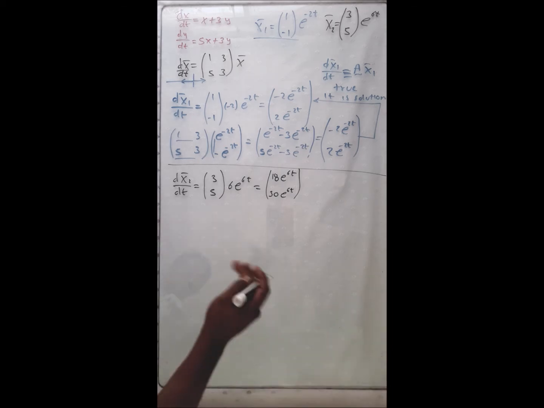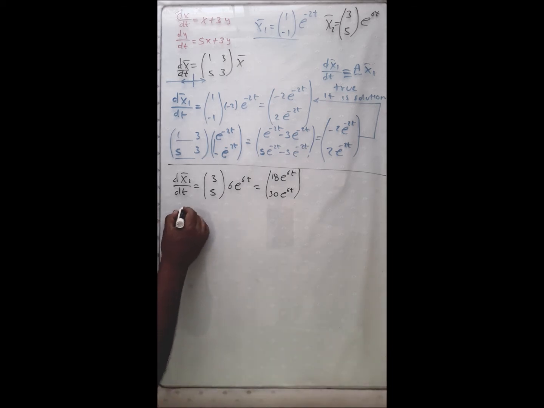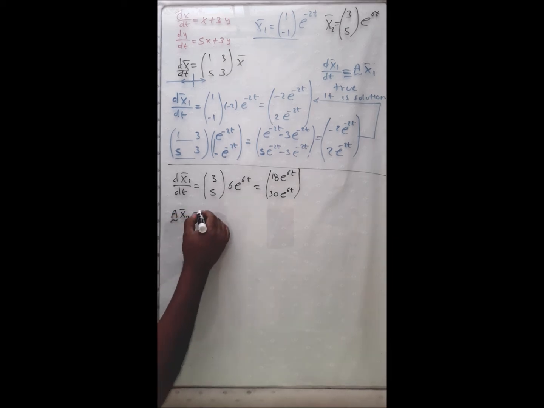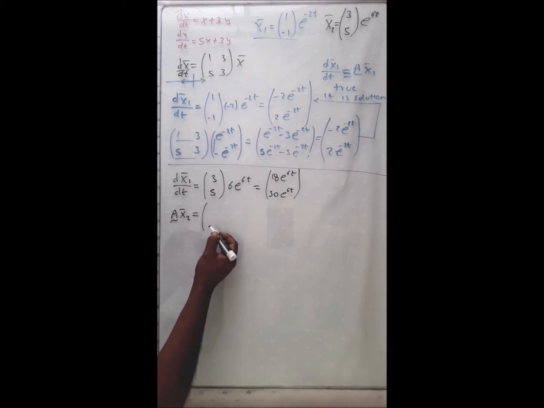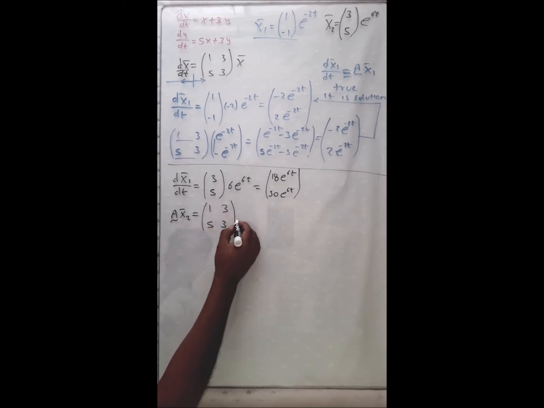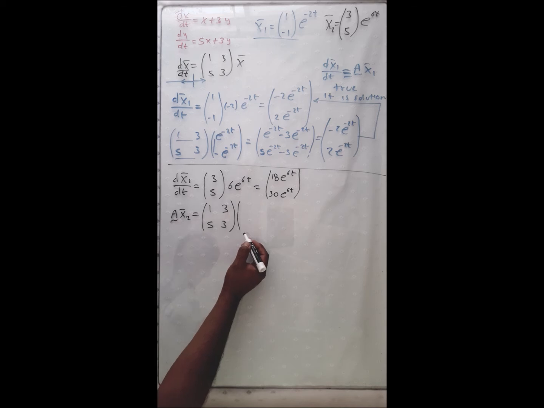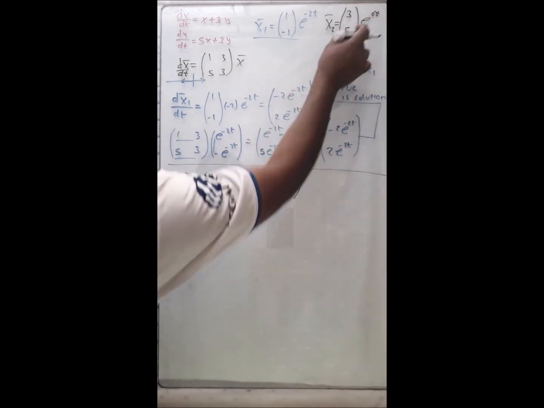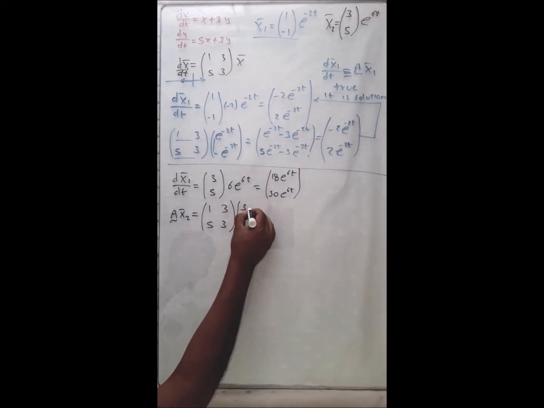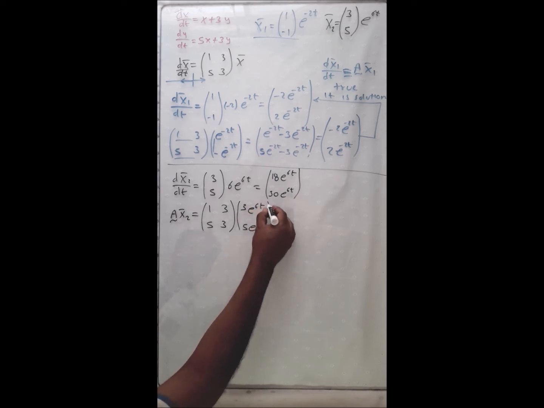Now, on the right side is A matrix times my x2 vector. Let's see what happens. So what you have is 1, 3, 5, 3, and then the solution. I'm going to use the numbers inside of the vector: 3 exponential of 6t, and then 5 exponential of 6t.